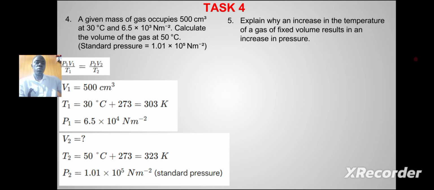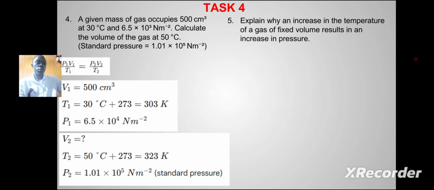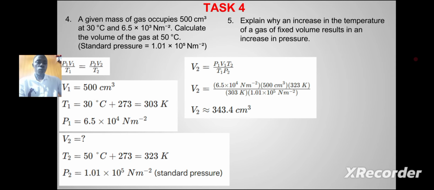So we'll just substitute into the formula and solve. Once we do, we'll get that the final volume is 343.4 cm cube approximately. So follow the solution. You can substitute on your own and solve with your calculator to see if we arrive at the same answer. If we don't, let me know in the comment section.